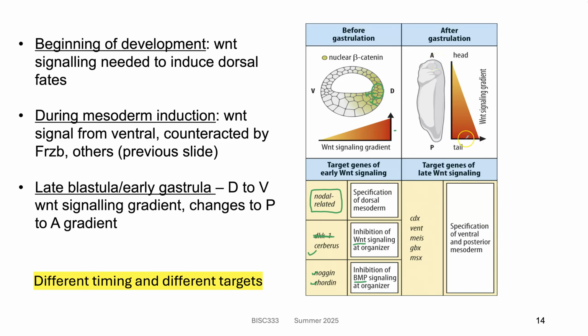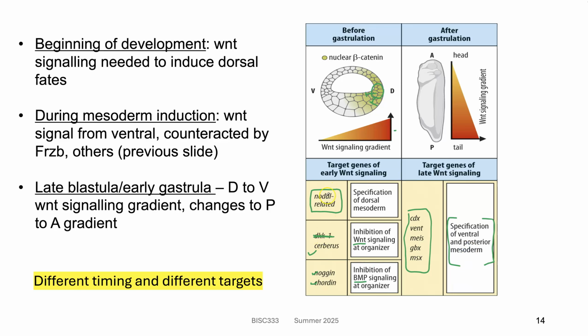So there's a posterior to anterior gradient. And notice, I don't think I'll ask you to memorize any of these, but these are all really different targets, and they're important for the specification of ventral posterior mesoderm. So they're doing different things at different times.